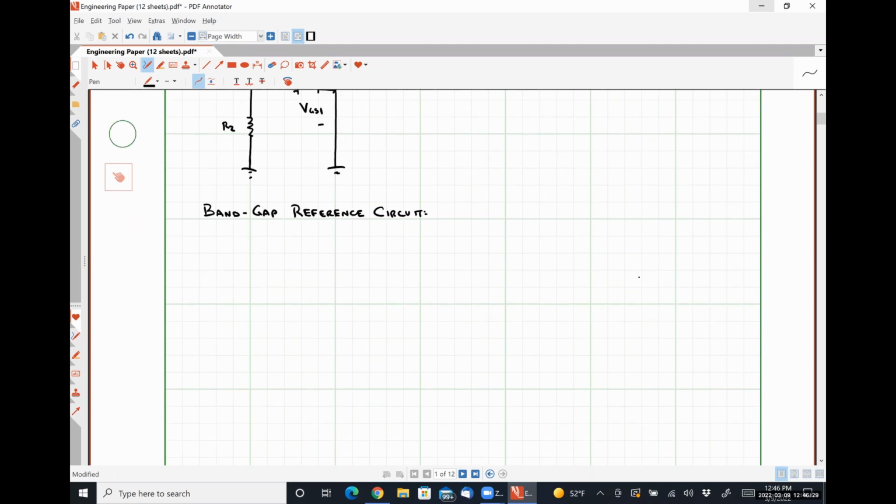So for our band gap reference circuit, it's going to look something like this. Actually, sorry, I drew that transistor as an NMOS and it should be a PMOS. My apologies.